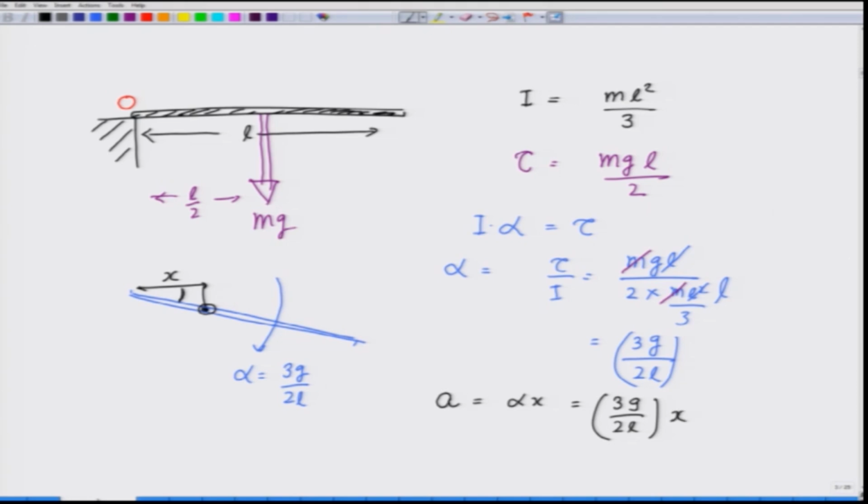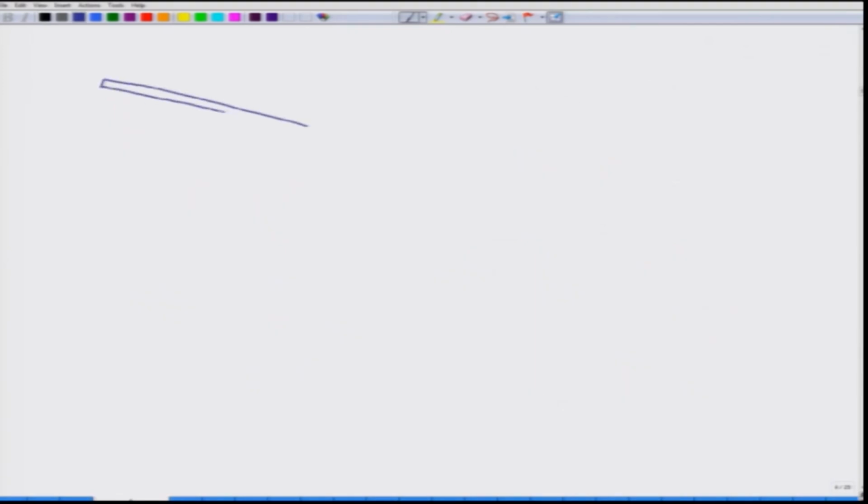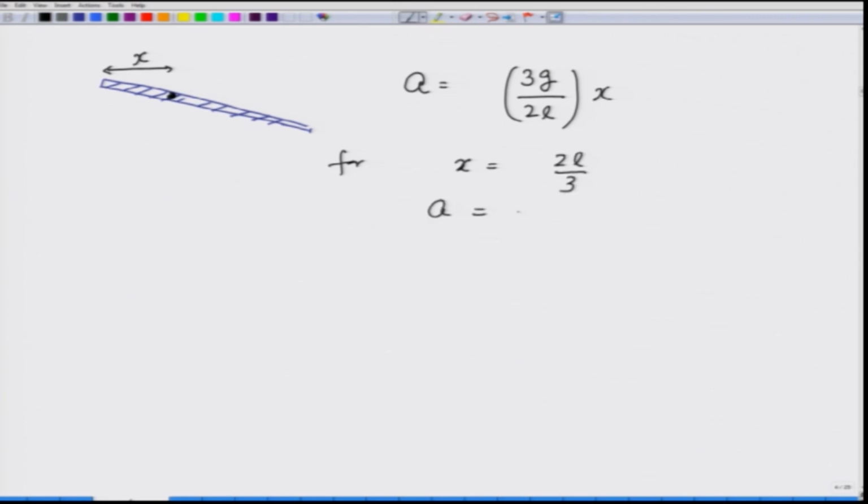What you notice then is, let me make the picture again. Here is the rod, here is the point at a distance x from the edge of the table, and its linear acceleration A is 3g over 2L times x, and for x equals 2L by 3, A is g.